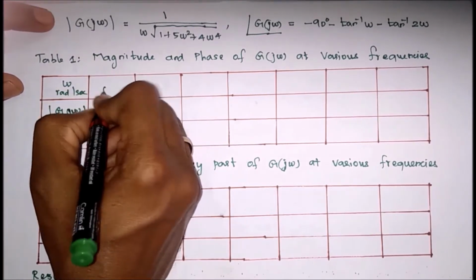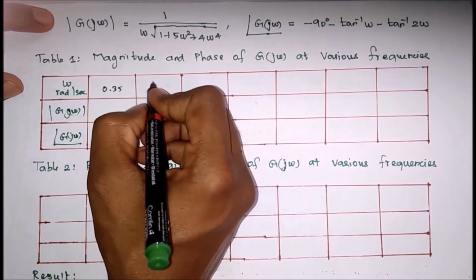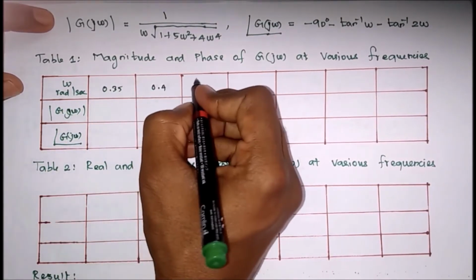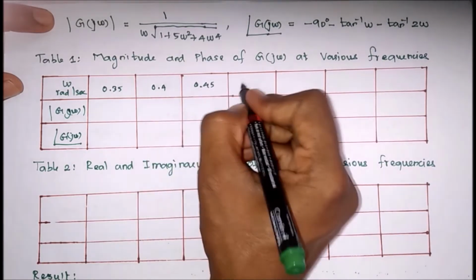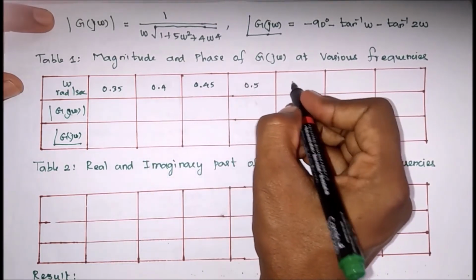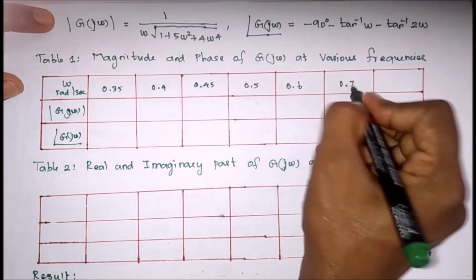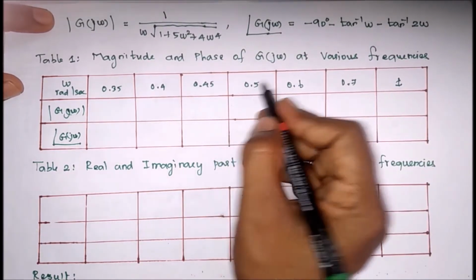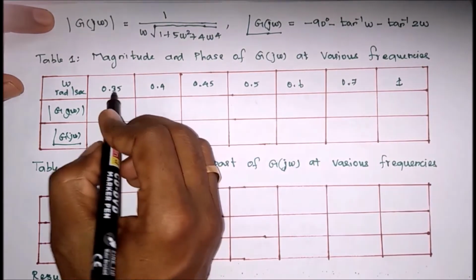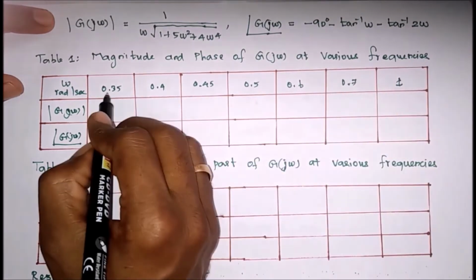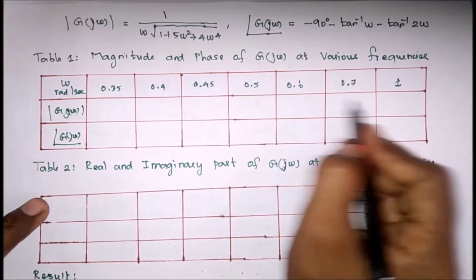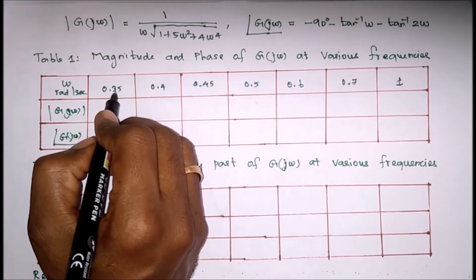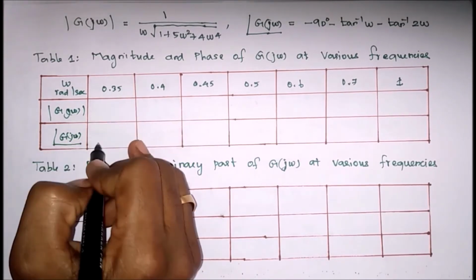I am going to take 0.35, 0.4, 0.45, 0.5, 0.6, 0.7 and 1. So we have selected seven values between 0.35 and 1, and for each ω value we have to find the magnitude and angle.